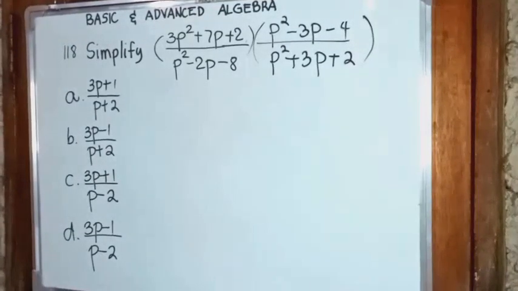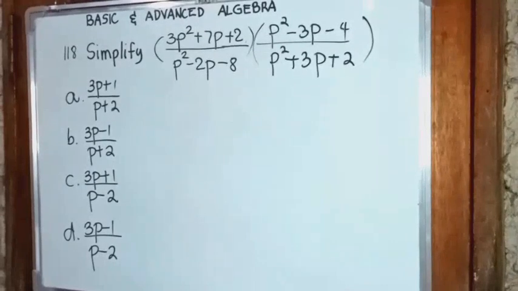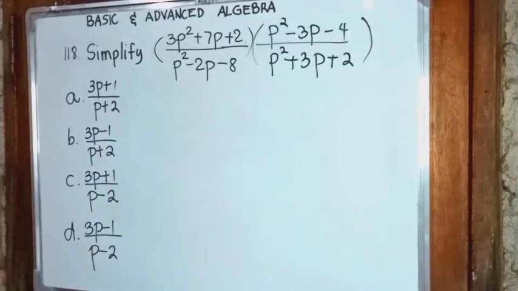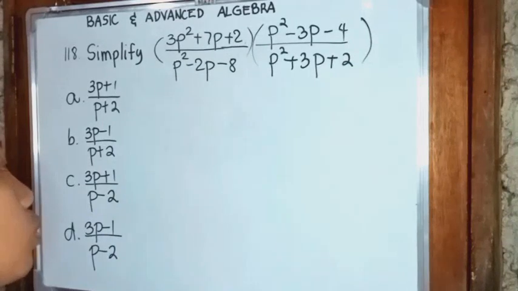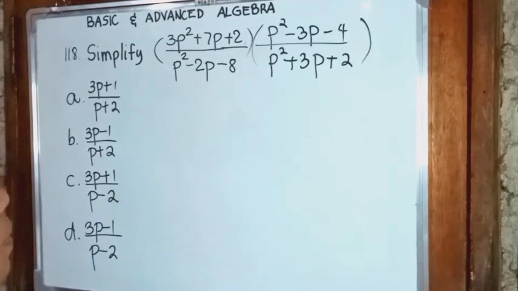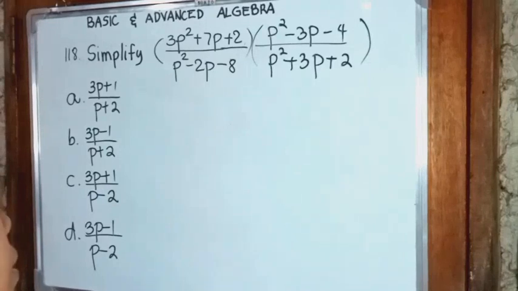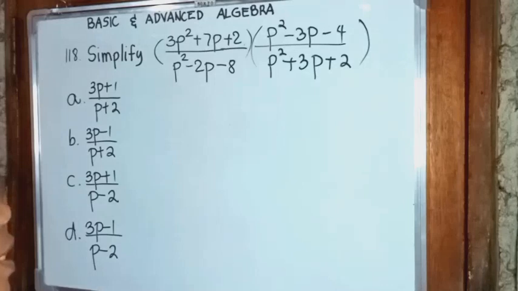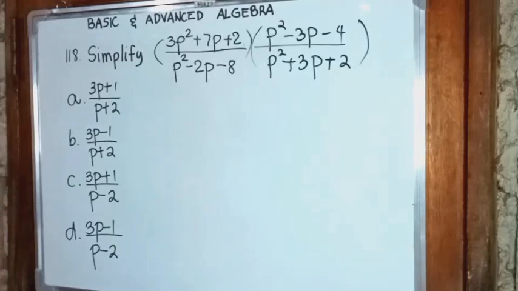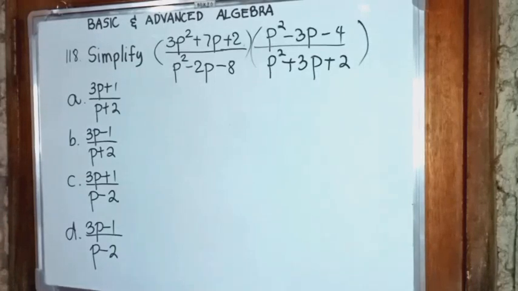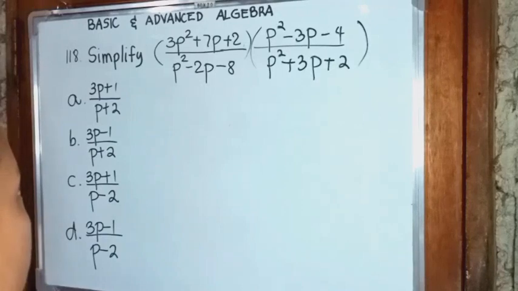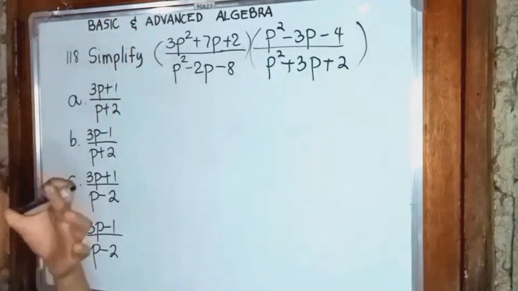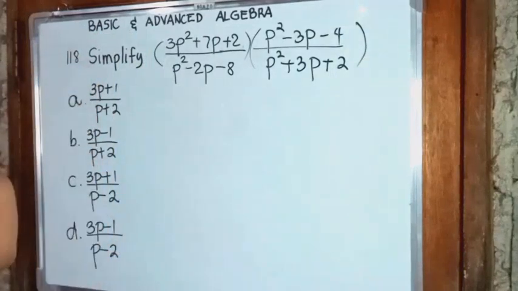Item number 118. Simplify the quantity 3p squared plus 7p plus 2 over p squared minus 2p minus 8 times the quantity p squared minus 3p minus 4 over p squared plus 3p plus 2. In order to simplify this expression, we can factor each polynomial.